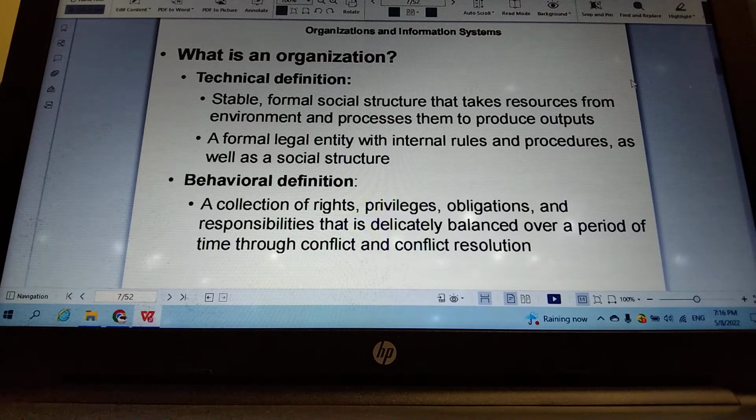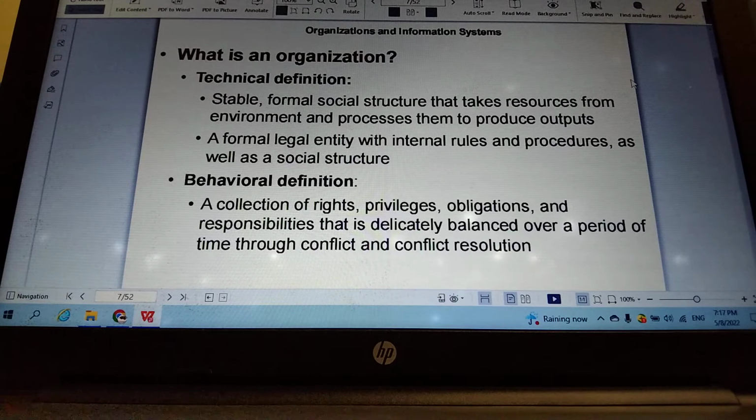As we discussed last week in our previous lectures, MIS system is all about taking in input and processing it in order to generate output. This definition is quite aligned with that, where you have a stable organization, company, or entity with a formal social structure, people, and environment, that takes resources.